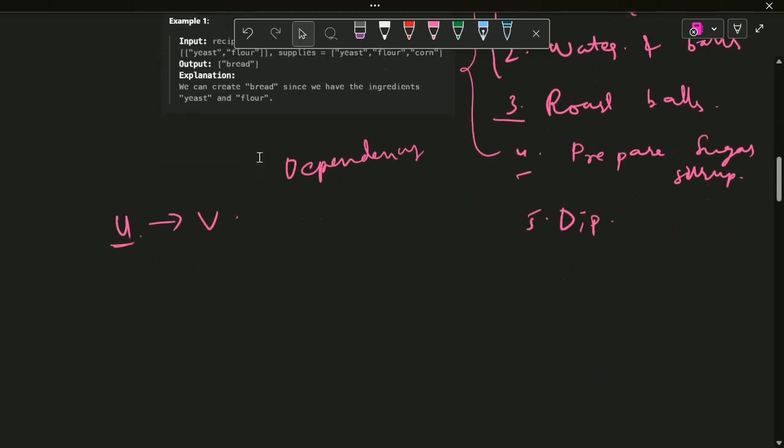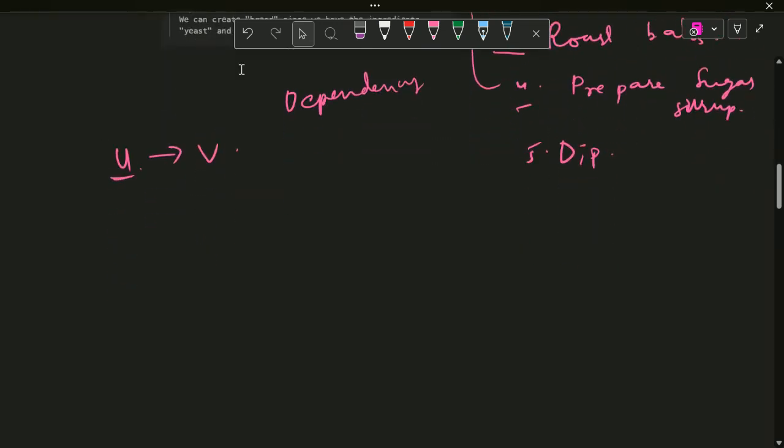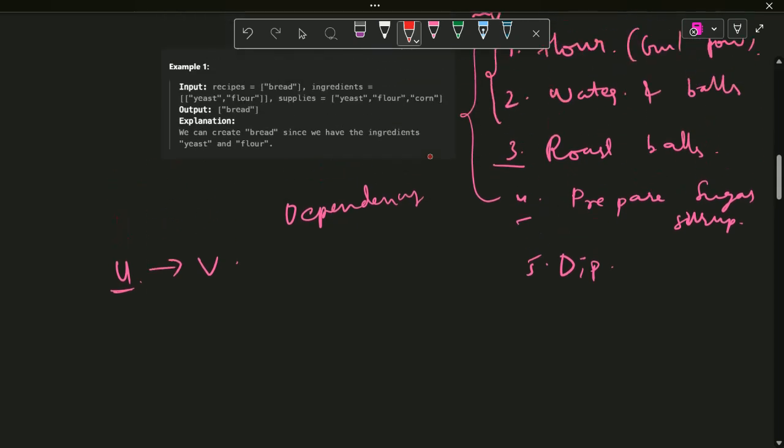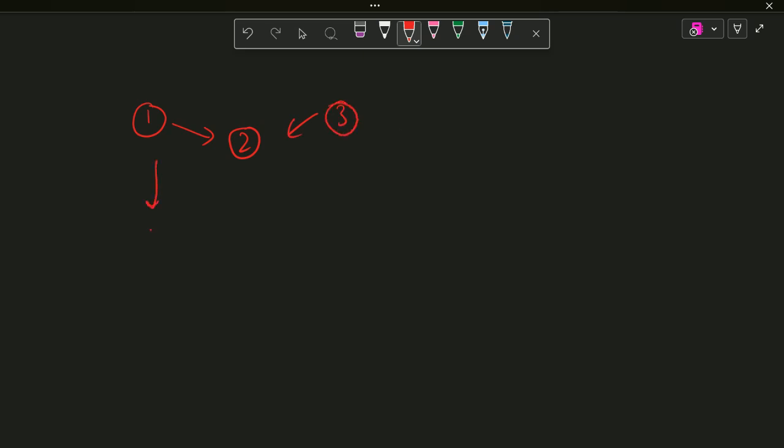So for preparing recipes, we calculate the availability of ingredients from these supplies. Now, how to solve this with topological sort? Suppose this is a graph with nodes 3, 4, 5, 6. I am explaining, my dear friends, what is topological sort.